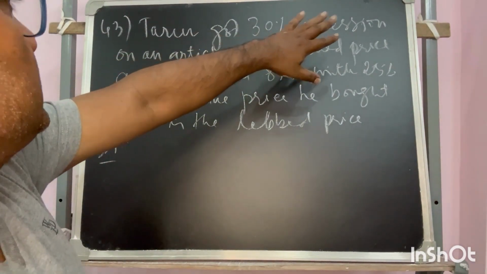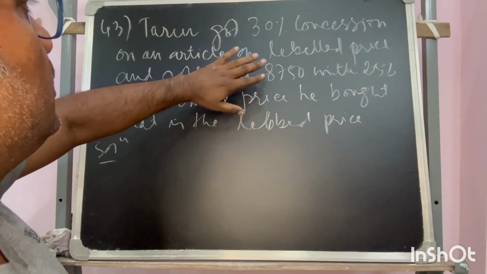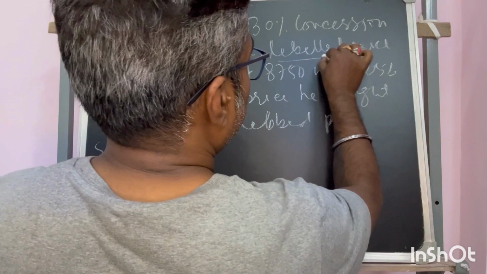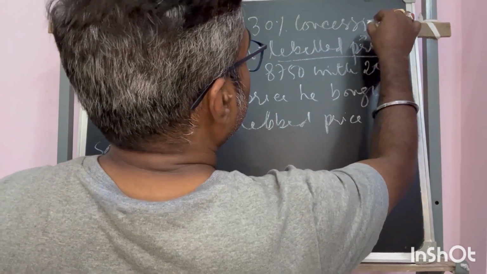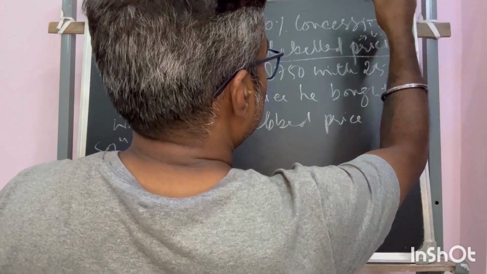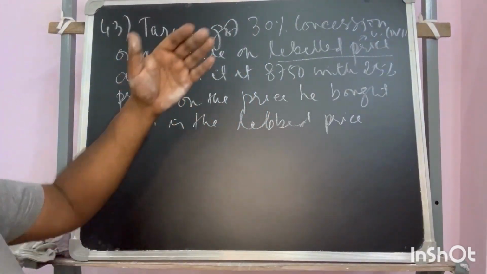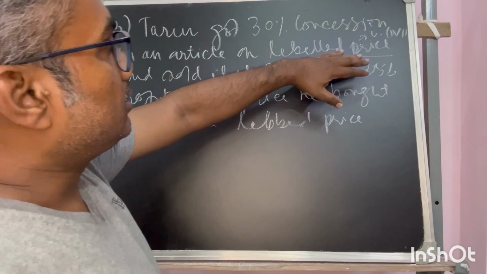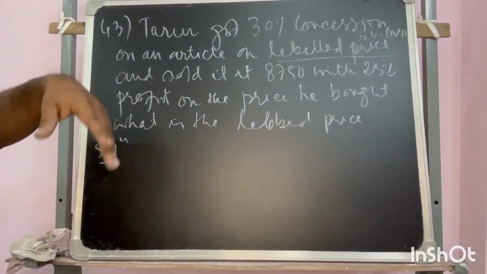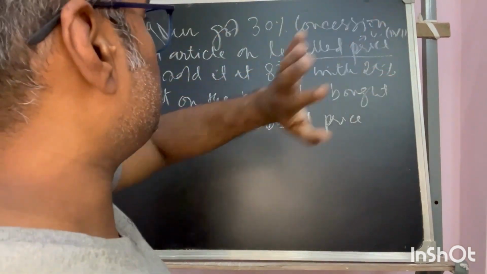Now, Tarun got 30% concession on the article on the label price. That means the label price, as I told in the earlier case, is nothing but the list price or the mark price. All the formulas we have learned signify the label price as the mark price.